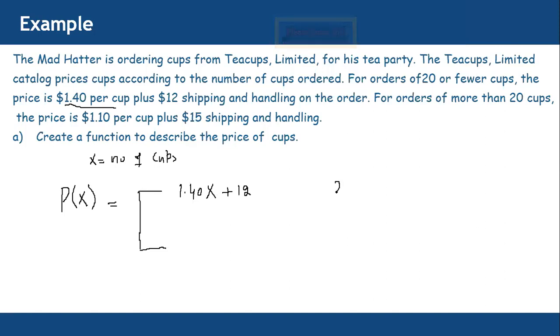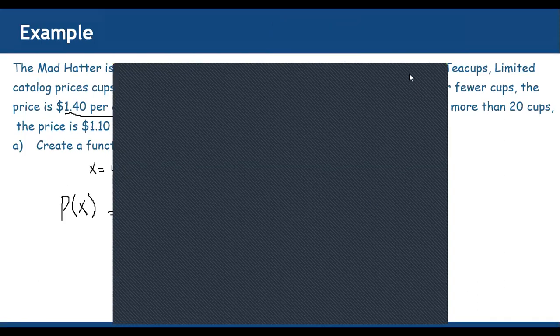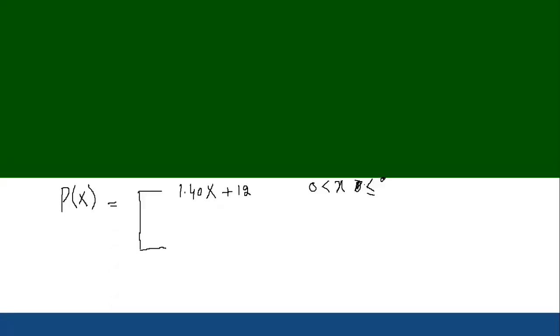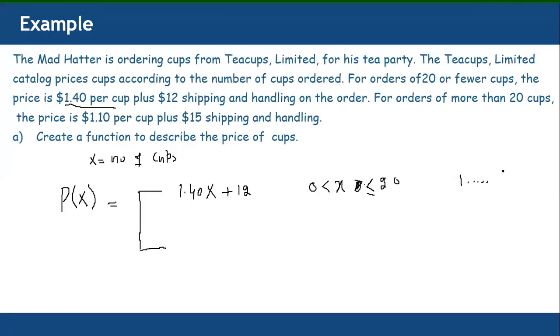But when x is greater than 0 and less than or equal to 20, this means from 1 up to 20 cups, if you want to order, so per cup 1.4x plus 12.